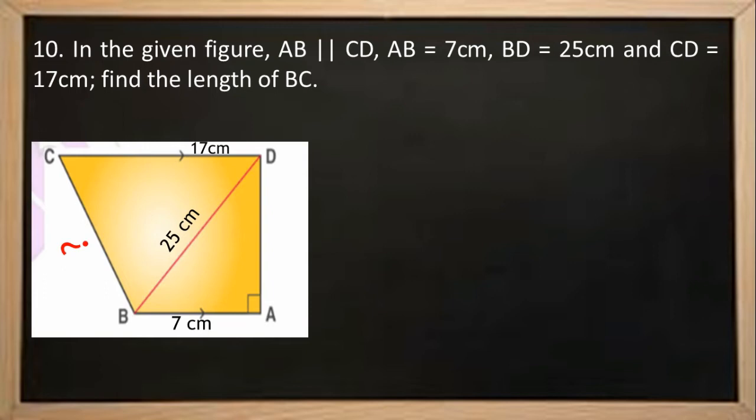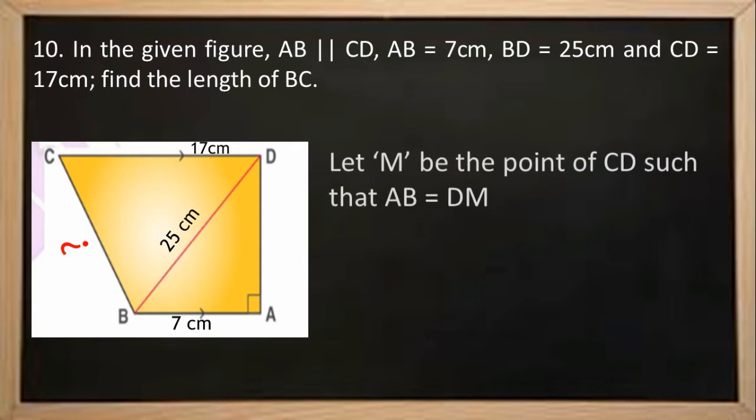So how to calculate the length of BC? Is there any idea? If you note down here, it is said that AB is parallel to CD and AD is a line, that is the distance between the two parallel lines is AD, and at the point angle A it is given as 90 degrees.